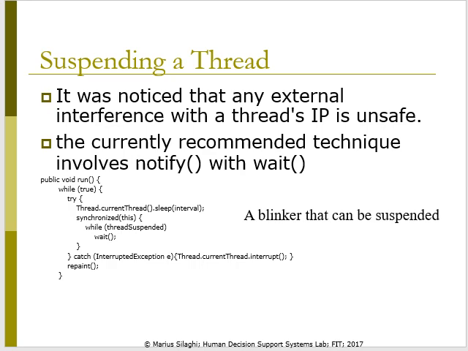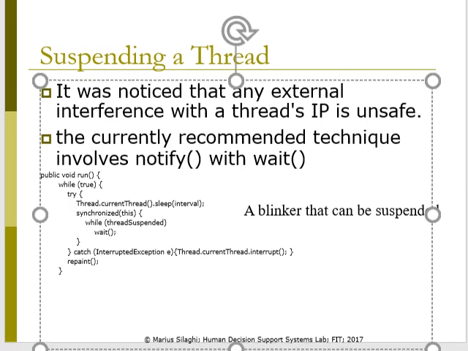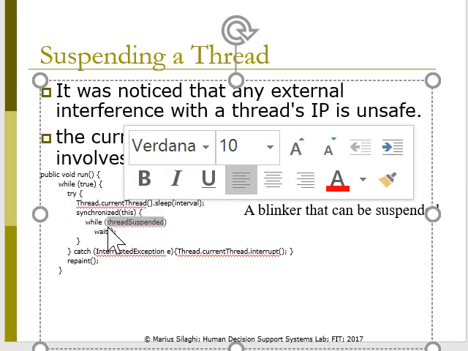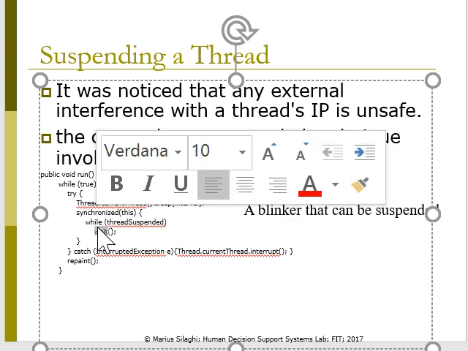The current recommended techniques with Java involve waiting and notifying. So this is an implementation recommended. You would have a thread that is waiting for somebody to wake it up, and it's going to call sleep, and while it's suspended, it's going to wait.